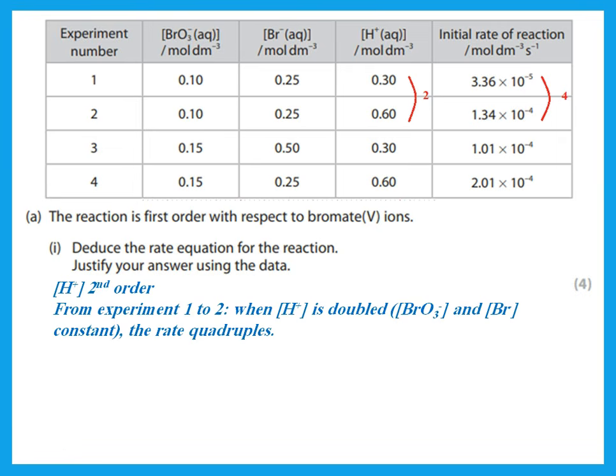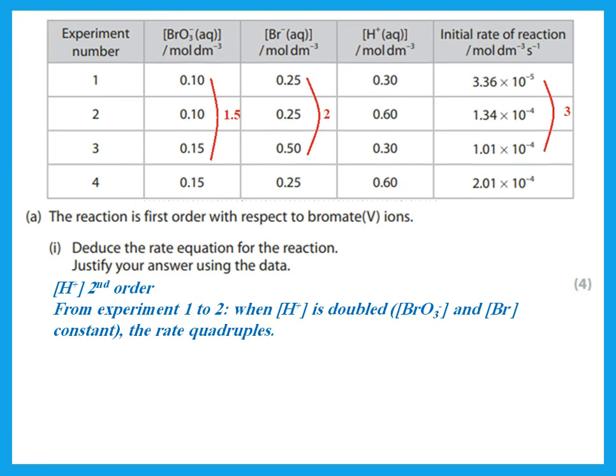Now, if I'm looking at bromide, again, I want two experiments in which the bromate is constant, but in this case, we don't have one in which the bromate is constant. So we're going to choose experiments 1 and 3. Now, what is happening to the bromate ions? The bromate ions are times 1.5. The bromide is doubled. The rate is tripled.